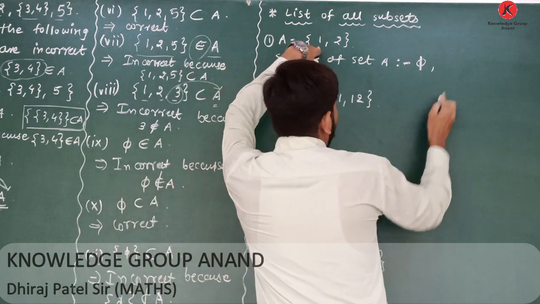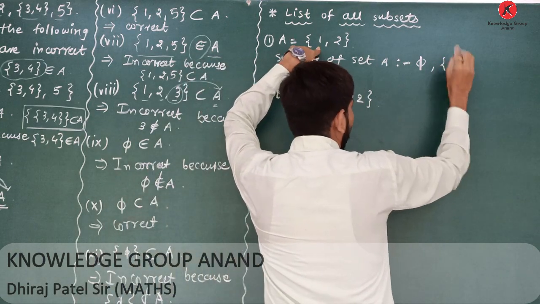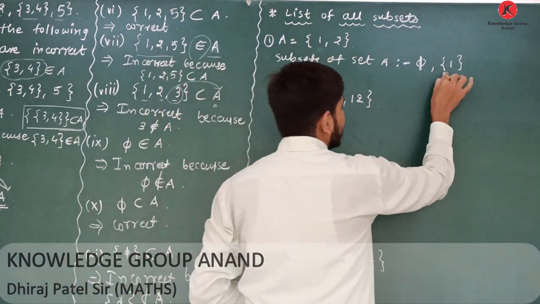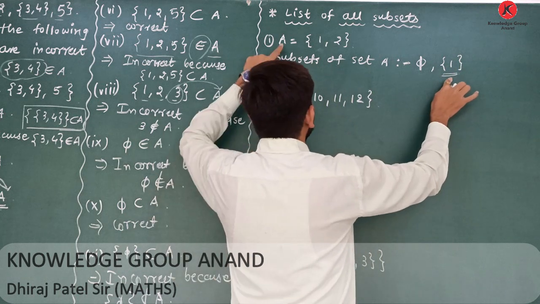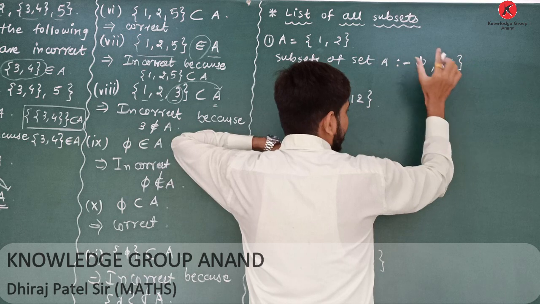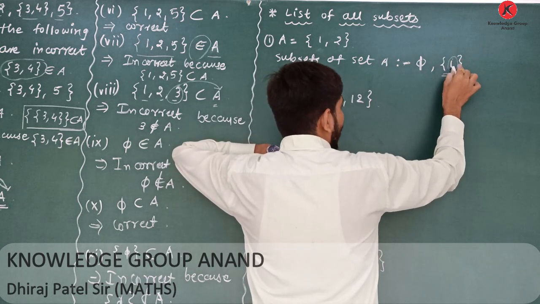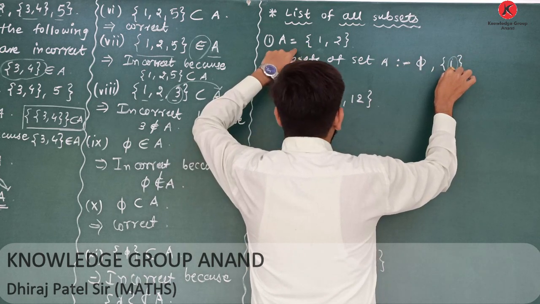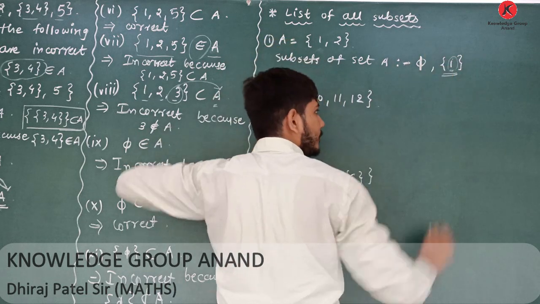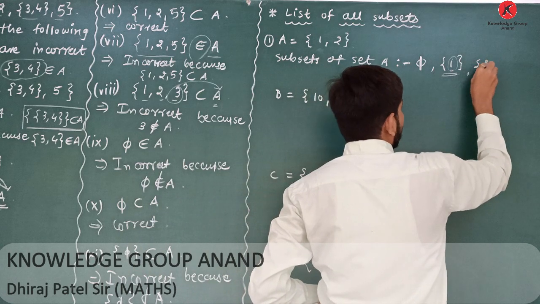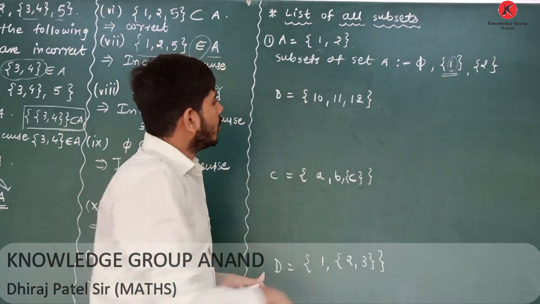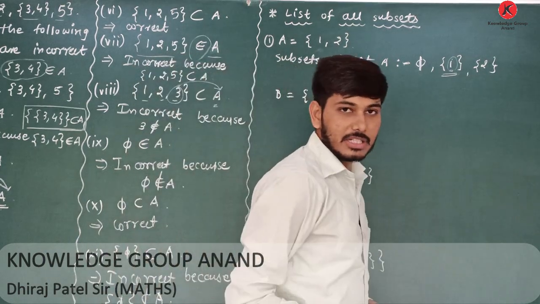The first one, element 1, if we put it in curly brackets, is a subset of this set. See here, this is a set because the curly bracket sign is there. All the elements of this set lie in set A, therefore it is a subset of set A. Same as curly bracket 2, a singleton set. Now all the singleton sets are completed.